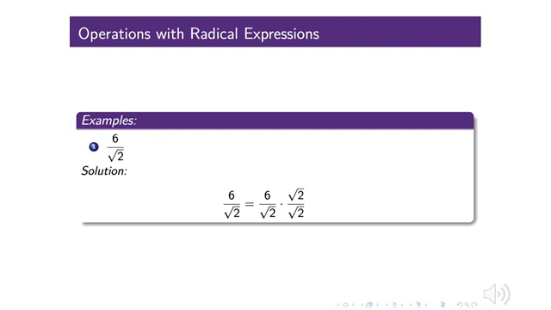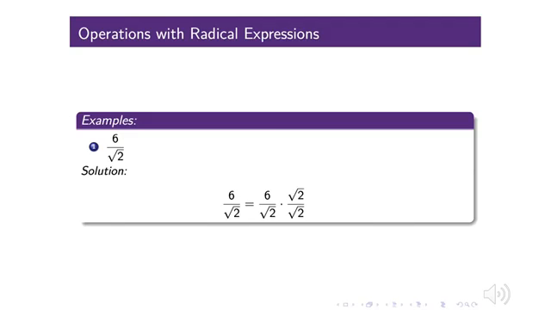First, rationalize the denominator of 6 over square root of 2. So in this problem, we simply look for a suitable multiplier to the entire fraction that will remove both the index and radical symbol from the denominator.